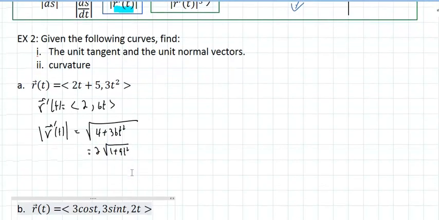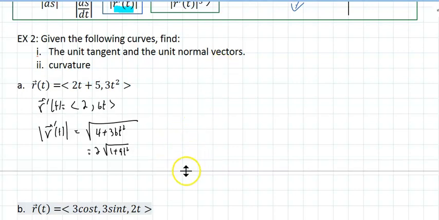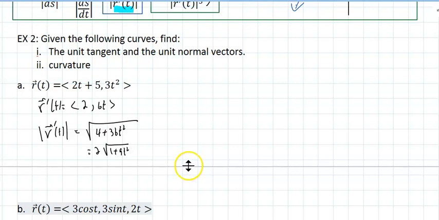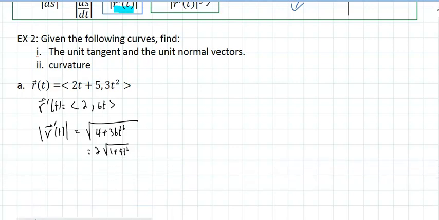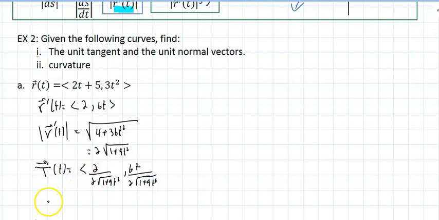Now, the unit tangent in this case would be 2 over 2 times the square root of 1 plus 9t squared, and 6t over twice the square root of 1 plus 9t squared.